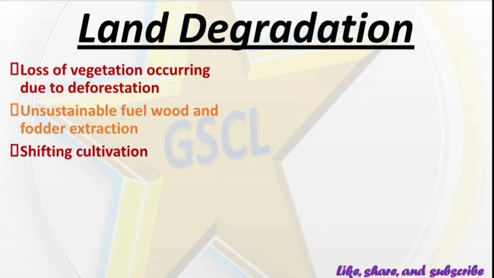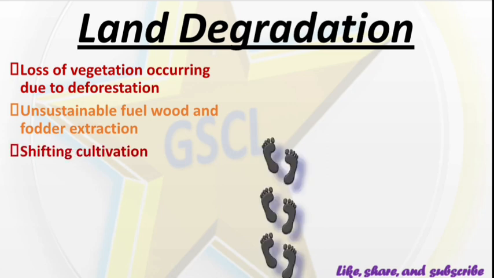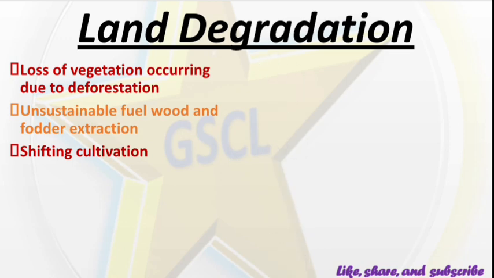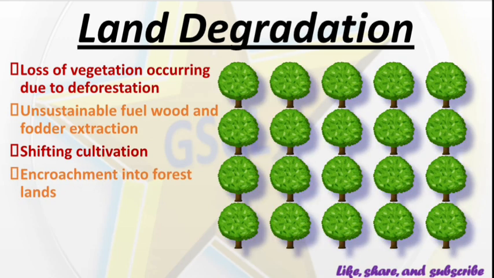Shifting cultivation, moving from one place to another and clearing the land to carry on farming, is another reason for cutting off trees. Illegally entering into the forest areas, breakout of forest fires and overgrazing.